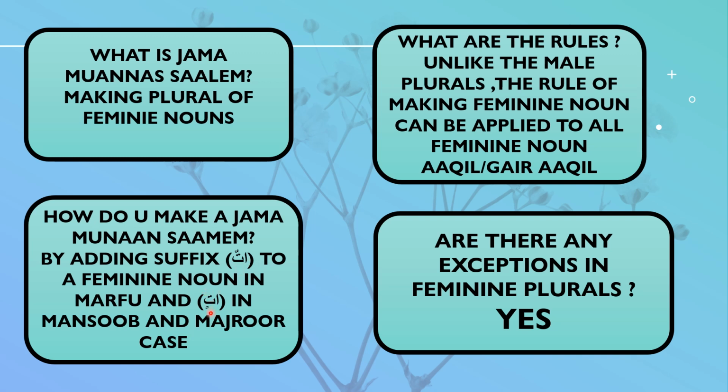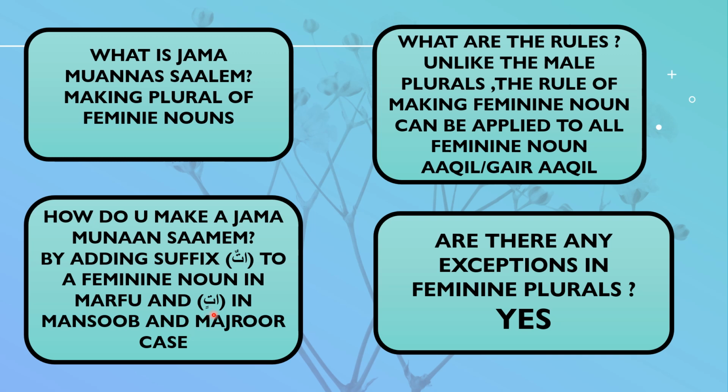And if the plural feminine noun is in mansoob and majroor case, so the letters are the same. Remember, this is a slight difference in Jama Mudhakkar and Muannas. There you saw the letters ya wa noon, but here the letters are the same as in marfu case, just the harakas have changed.